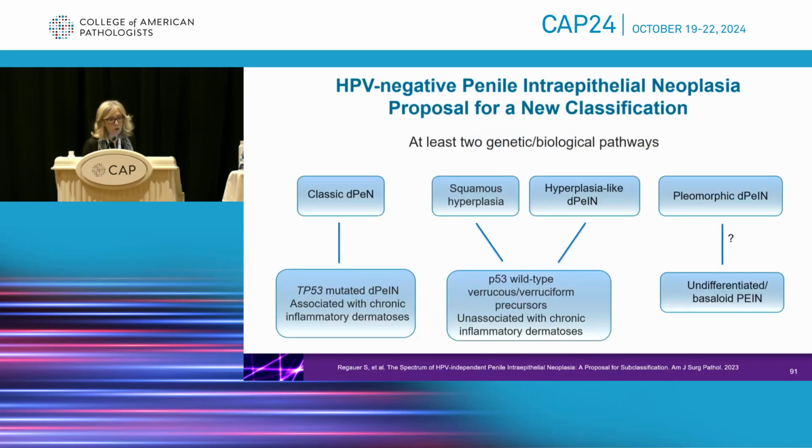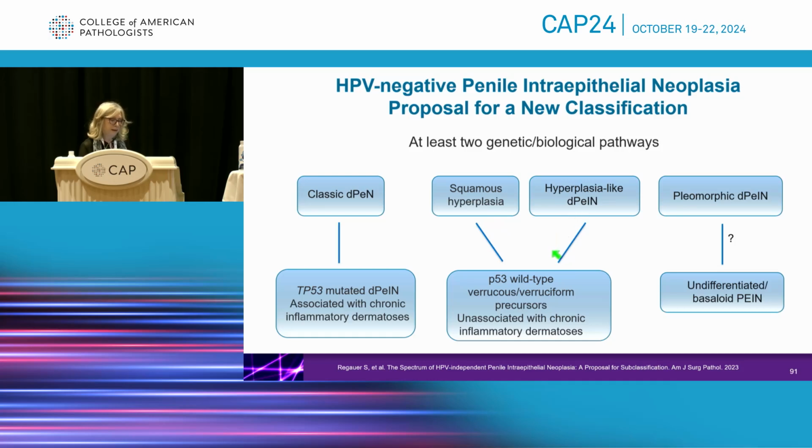So if we want to summarize, we may have at least 2 genetic biological pathways. One has TP53 mutation and is associated with what we used to call in the literature classic PIN, and then one is P53 wild type and has these verruciform precursors, and what in the literature I would have called, until this paper, squamous hyperplasia or hyperplasia-like DPIN.